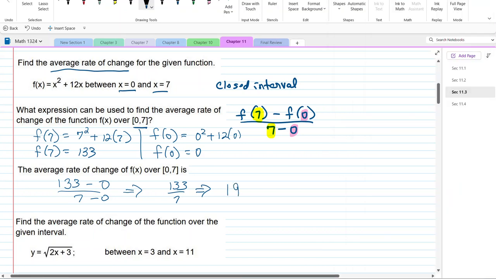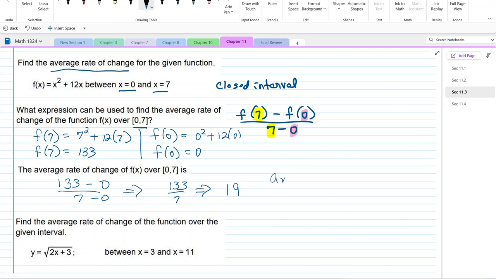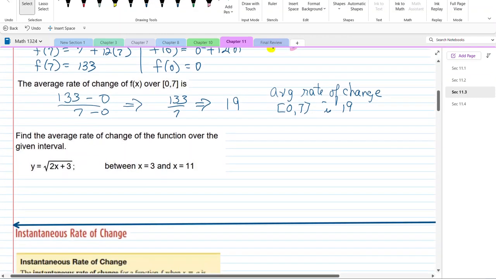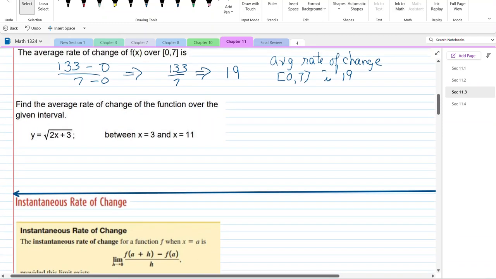All right. So the average rate of change for the interval 0 to 7 is 19. It's going very fast, isn't it? Because it is greater than 0, and the direction is positive.